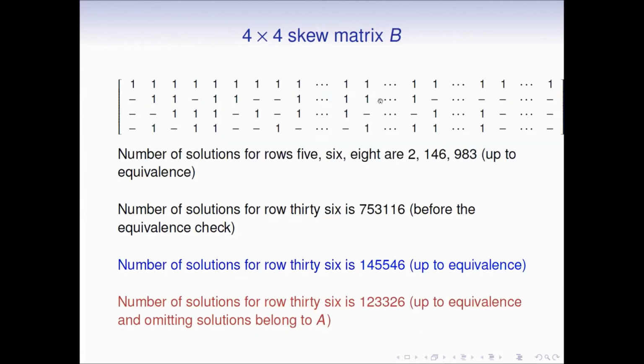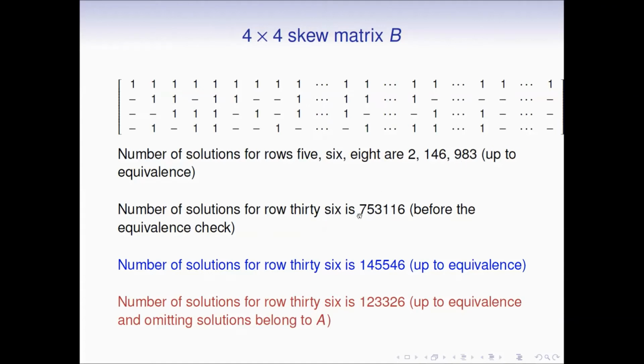That was for matrix A. For matrix B, we find that the number of solutions for row 5 is just 2 solutions. For row 6 it is about 146. For row 8, about 1,000 solutions up to equivalence. And then we extend them to order 36.